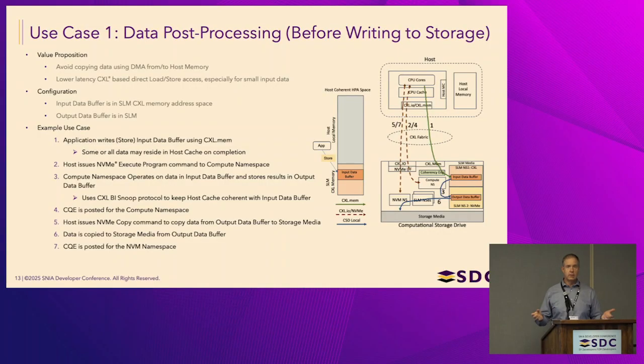Now the device can perform the computation, writing it to the output data buffer. When that completes, the host can issue an NVMe copy command to copy the data from the output data buffer to the NVM namespace. So it effectively finishes writing it out to the media, and now it is stored after being post-processed.